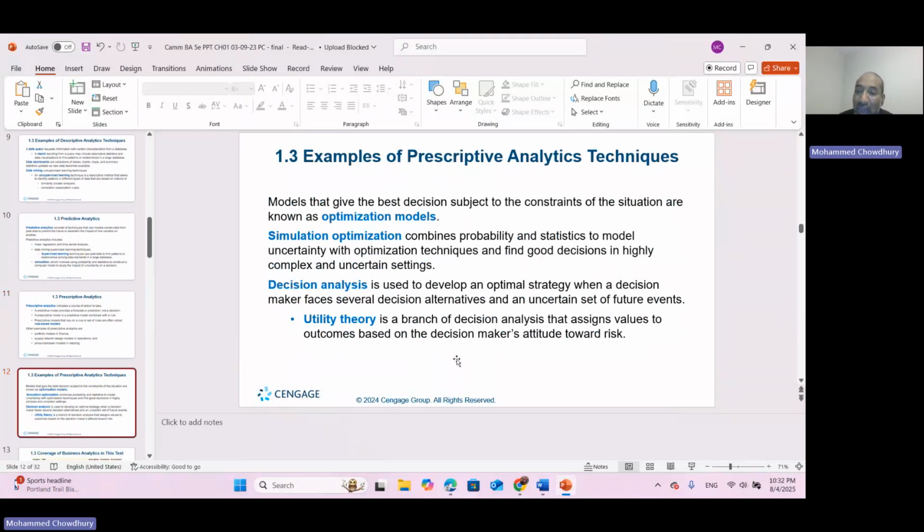So that is what an uncertain set of future is. Our business is running very fine nowadays, but two or three years later, a new product, a new system will develop, which will make our business obsolete, and we will become bankrupt. So that's the reason decision analysis is used to develop an optimal strategy when a decision maker faces several decision alternatives and an uncertain set of future events.